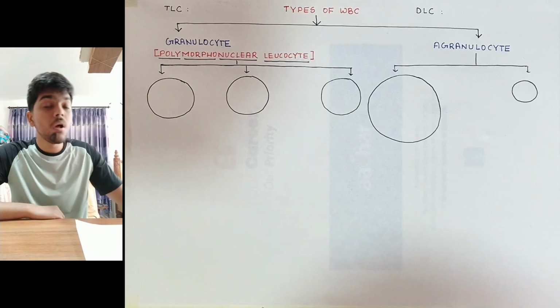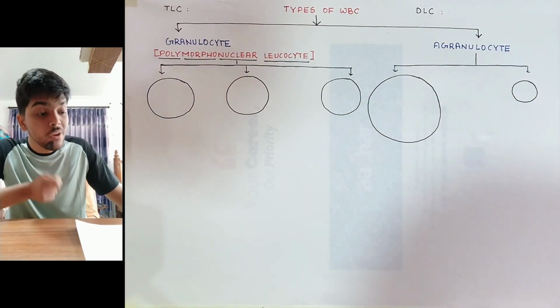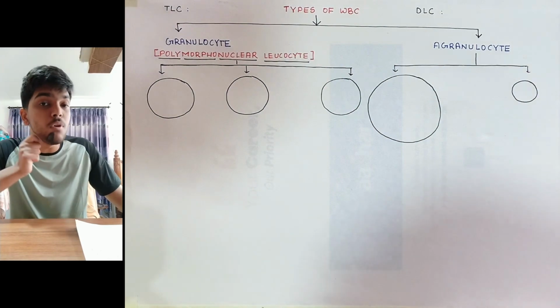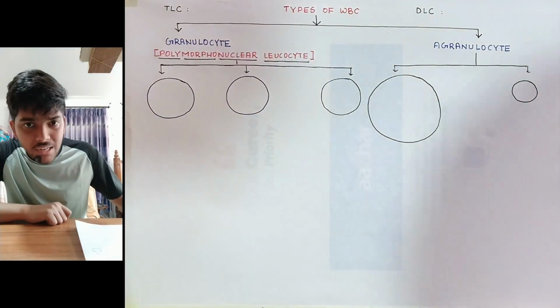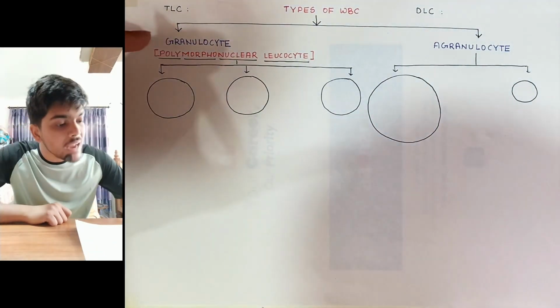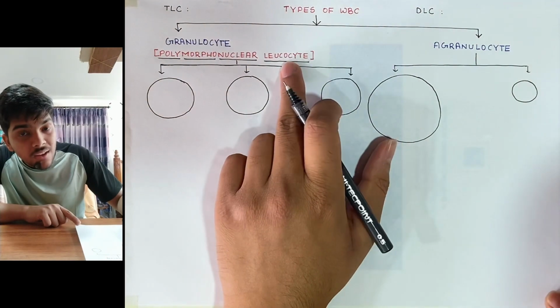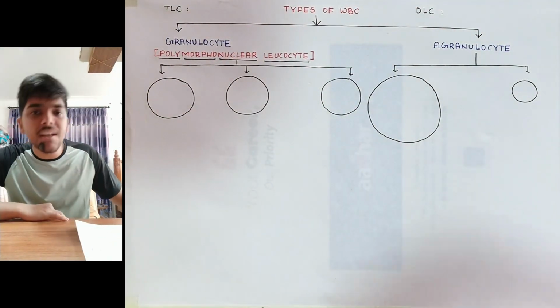Poly means multiple, morpho means morphology or form, nuclear refers to nucleus, and leukocyte means WBC. This is the another name for granulocytes. So basically it means to say that granulocyte are those leukocyte that contains nucleus of different shapes and sizes.